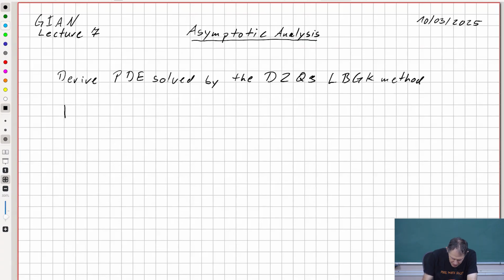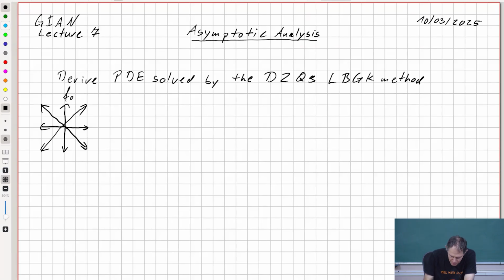So to remind all of us how this looks like, this is our stencil. Can also be drawn more beautifully.